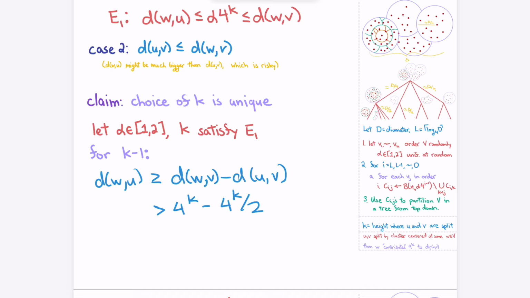Why did I write this again? Anyone? So what he suggested, which is 4 to the K minus 1. Okay. But why?